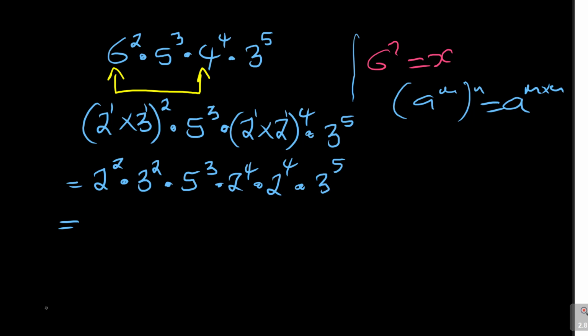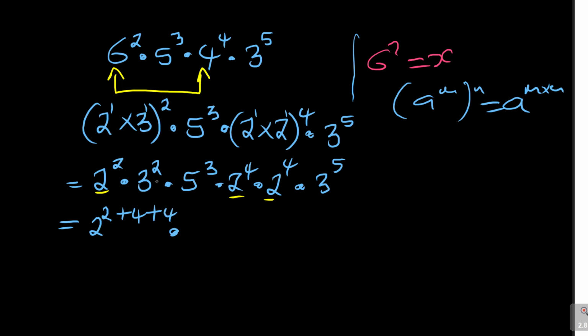Equal to, let's combine what is common. Look, base is 2, base is 2, base is 2. So what can I write there? It's 2, I must add them now, which is 2, right? Plus 4 plus 4, am I right?